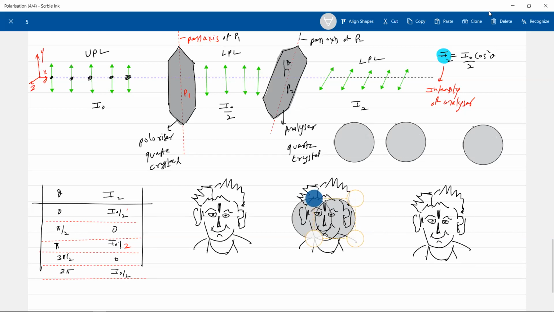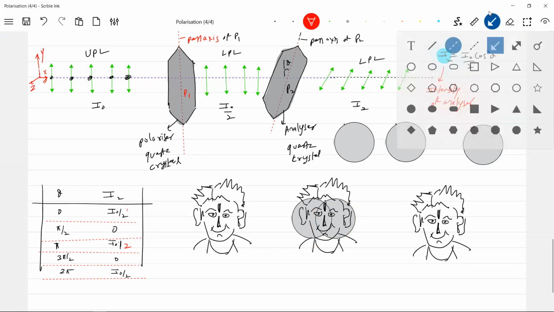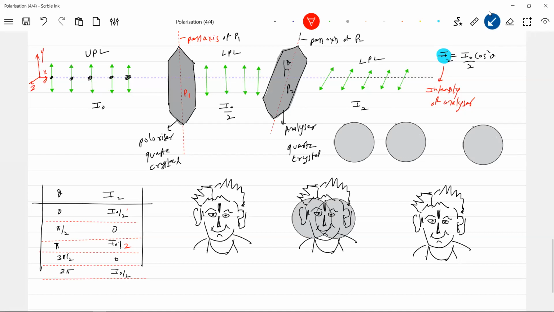What you're actually seeing is that you're able to see your physics teacher. The reason for that is that the pass axes of both are parallel. I'll indicate that pass axis here with an arrow.